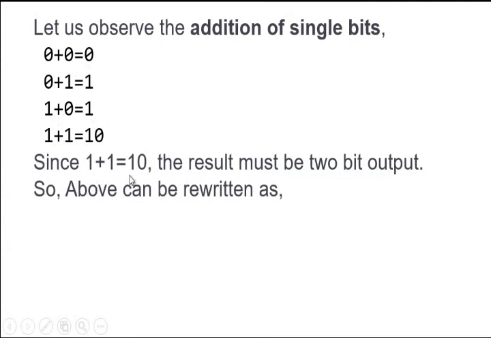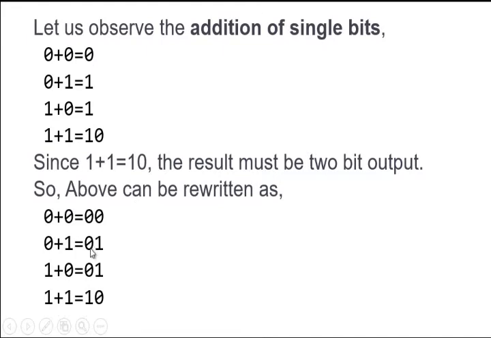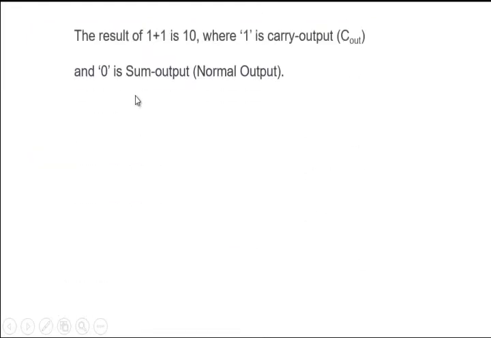Since 1 plus 1 is 10, the result must be in 2 bits. The others are single bit and this is 2 bits, so it may be rewritten in this form: 00, 01, 01 and 10. Here 1 plus 1 is 10, where the 1 is the carry and the 0 is the sum output.